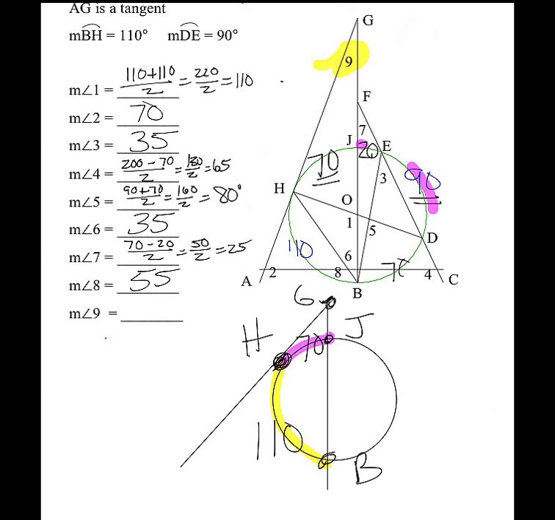So this means that my angle is going to be the 110 big arc minus the 70 small arc divided by 2, which is 40 divided by 2. That's a 20-degree angle.